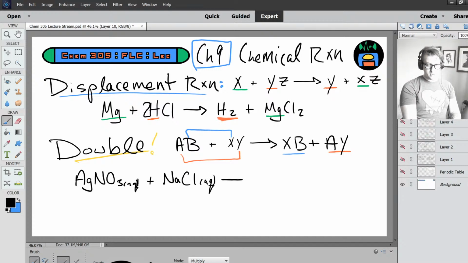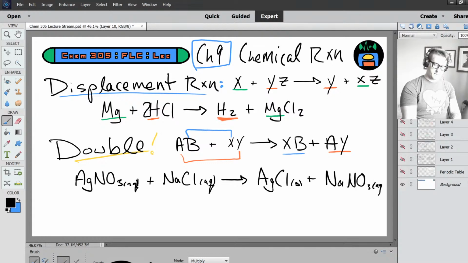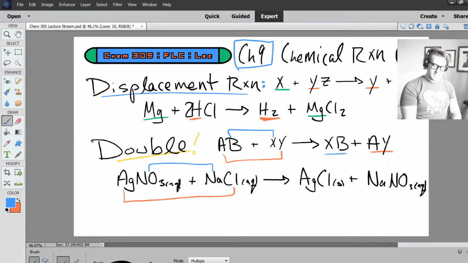So silver nitrate and sodium chloride react to make silver chloride, which is a solid precipitate, and sodium nitrate, which is still aqueous. But again, you can see that silver grabs chloride, sodium grabs nitrate, and that is how we get our products.